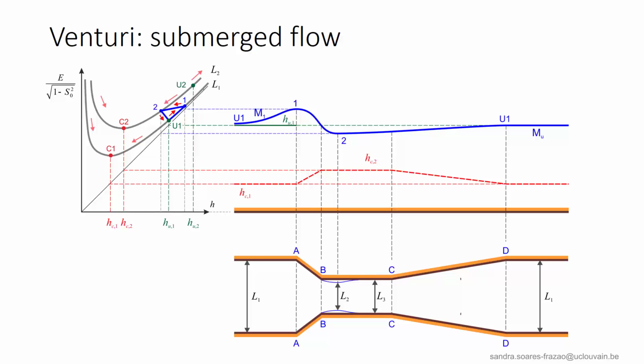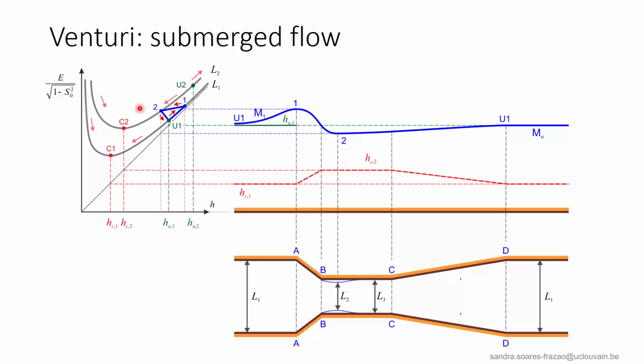Using the specific energy diagram, we can describe the water profile as follows. We assume a uniform flow upstream here and downstream of the flume, in such a way that the starting point and the arrival point are both U1 here. The passage on the specific energy curve corresponding to L2 is very short.